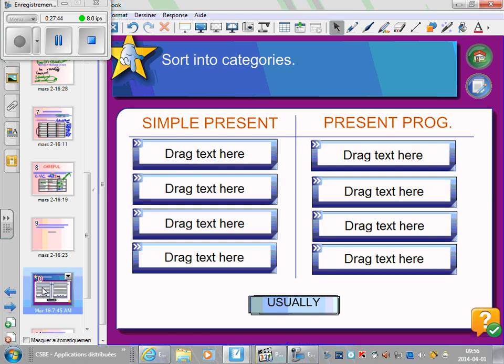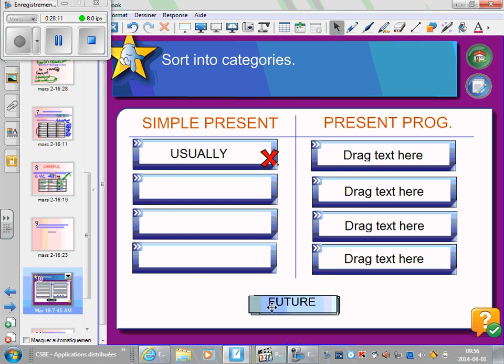Is it happening right now with the present progressive, or a habit, a fact, a truth, or a personal information with the simple present? Simple present. It's not going to be a personal information, but it's going to be a habit. But in the sense of simple present, you are right. It's my program that's not good. But it's right.